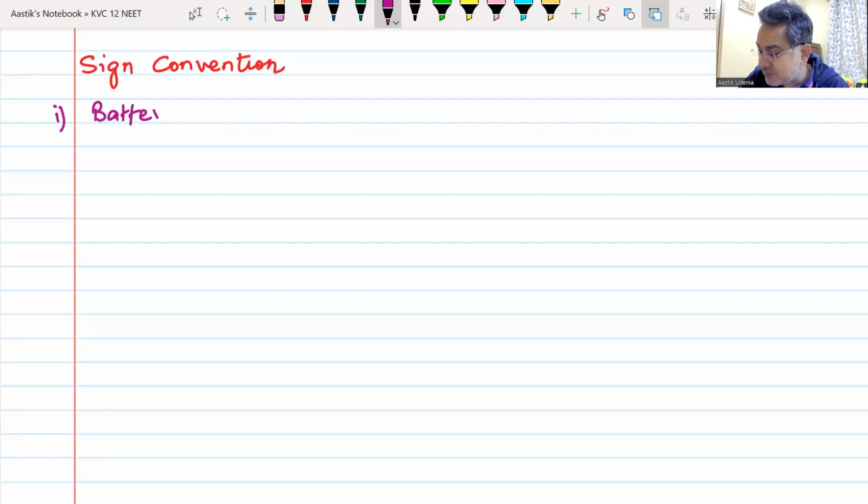What is the sign convention of the battery? Anyone knows?